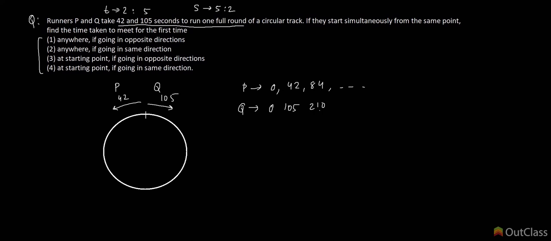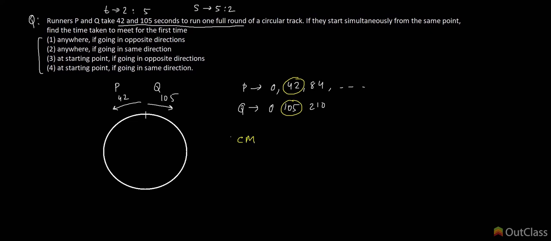For them both to be at the starting point, we need a time which is a common multiple of 42 and 105. At every multiple of 42, P is at the starting point. At every multiple of 105, Q is at the starting point. So it's reasonable to say at every common multiple of 42 and 105, both of them will be at the starting point. So we're talking about common multiples.